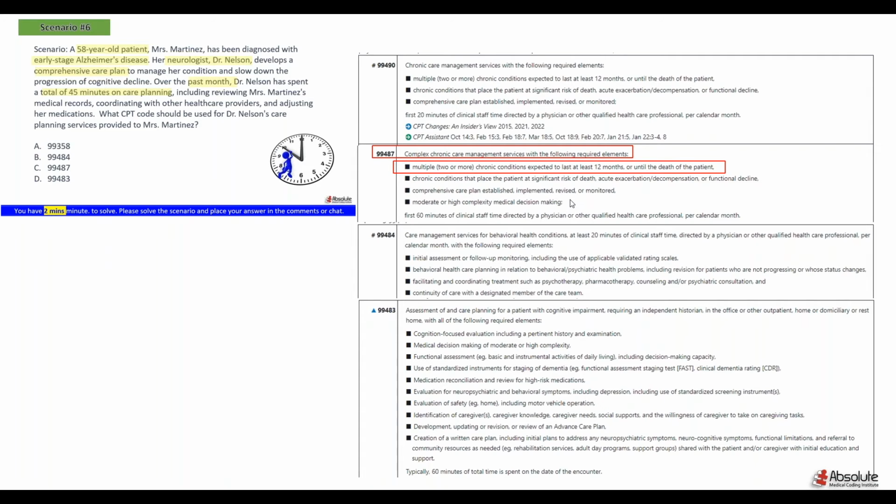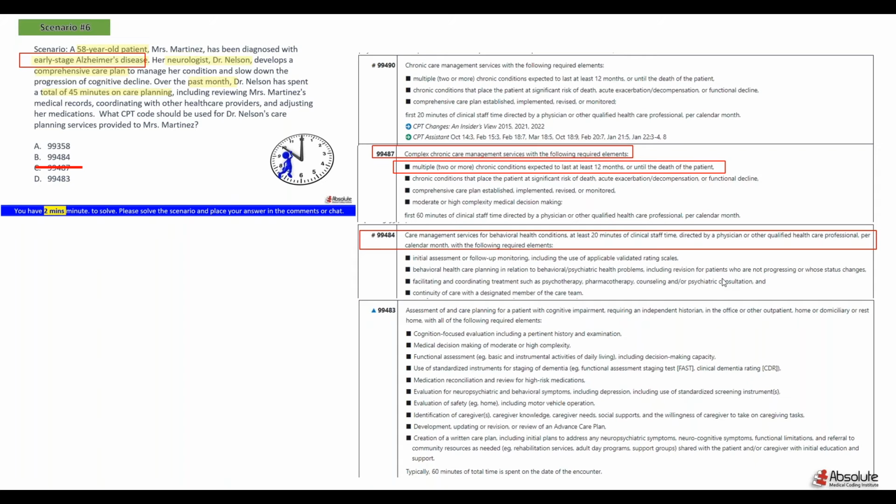So option C is incorrect. Now let's look at option B, which is going for 99484, care management services for behavioral health conditions, at least 20 minutes of clinical staff time directed by the physician or other qualified healthcare professional per calendar month with the following required elements.